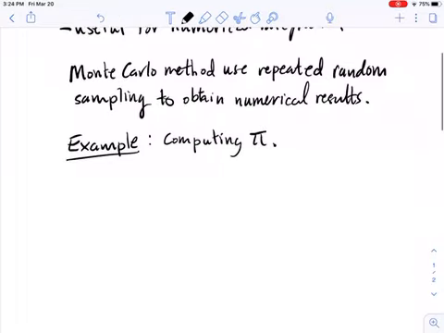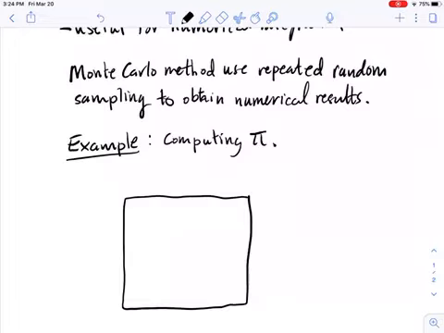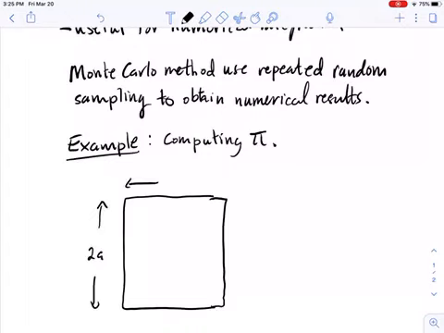One easy way to think about this is, let's imagine you had a bucket, and your bucket happens to be square. So we're going to have a square bucket. And we're going to say that the bucket has sides of length, let's say, 2a. So this is 2a, and this is 2a. So we're looking down at the top of the bucket.